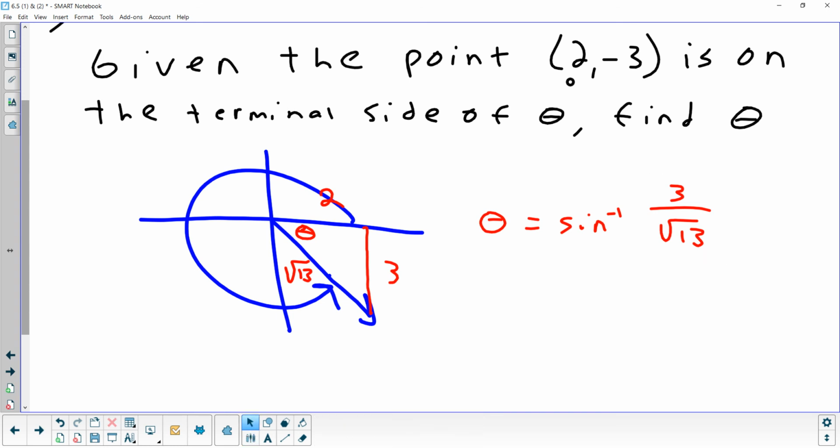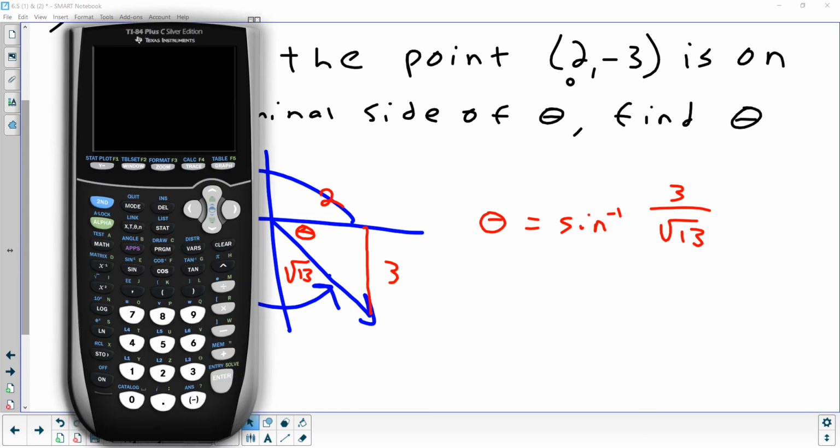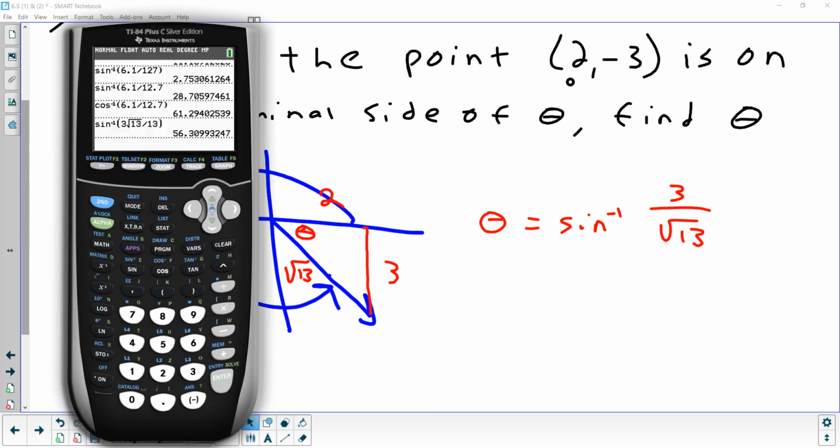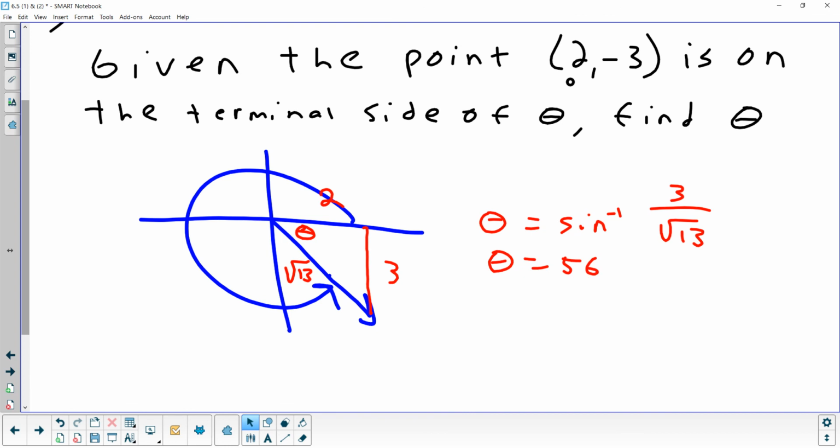I'm going to type that in and get a decimal. If you want to type in a square root in the bottom, that's fine. I know we fixed it before, but let me show you what happens if you type it in. We already know the reference angle, we just did this in the exact line above on the calculator. It's 56.31. That's my reference angle.